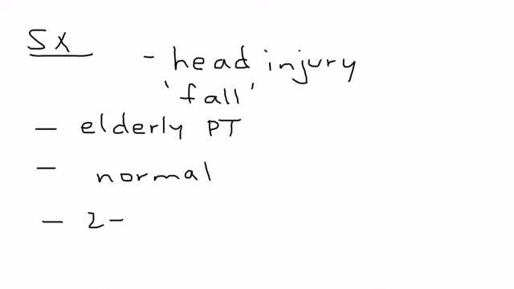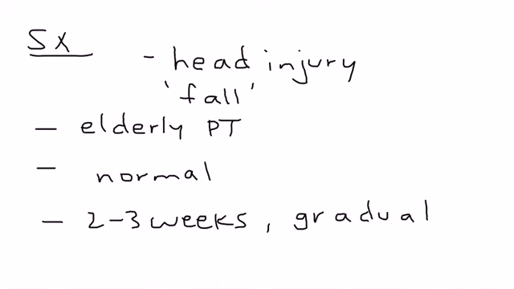But then about 2 to 3 weeks later, when sometimes the patient has even forgotten that this initial traumatic event happened, there is a gradual decline in neurologic function, gradual neurologic deficit. And that is a very classic presentation. And what do we mean by neurologic deficit?